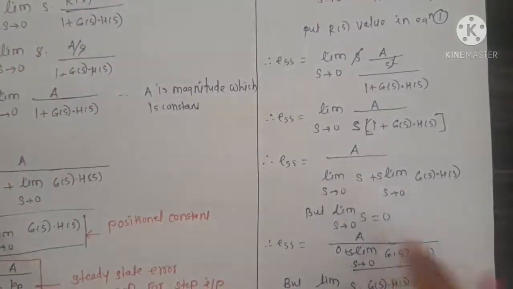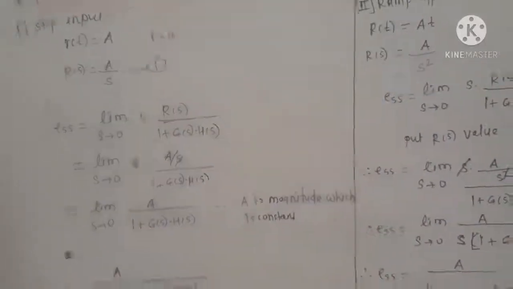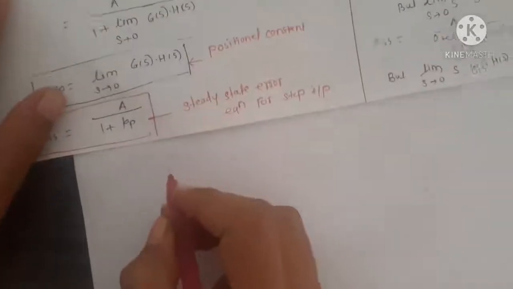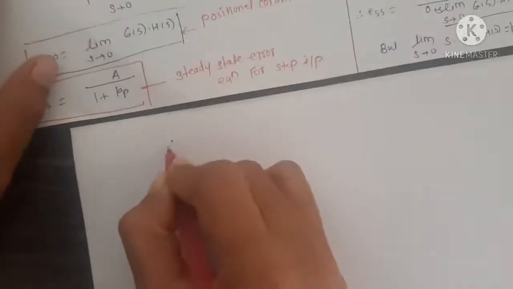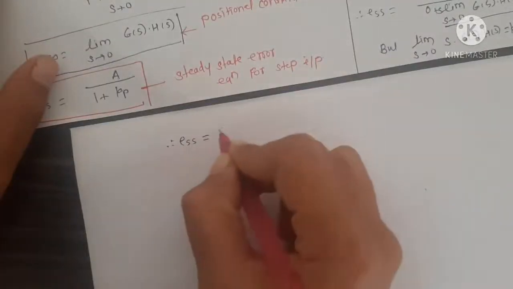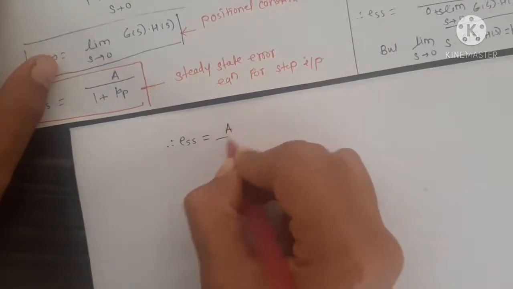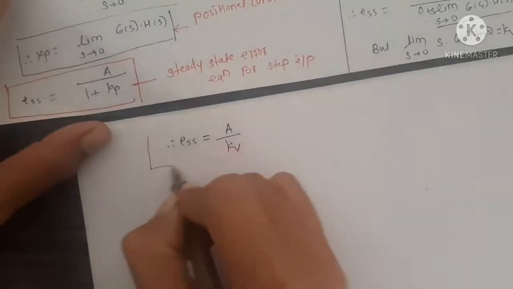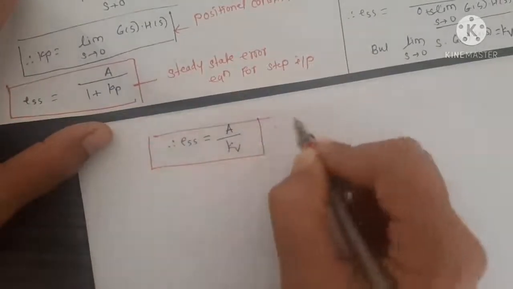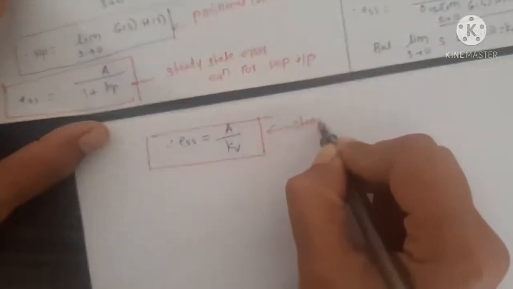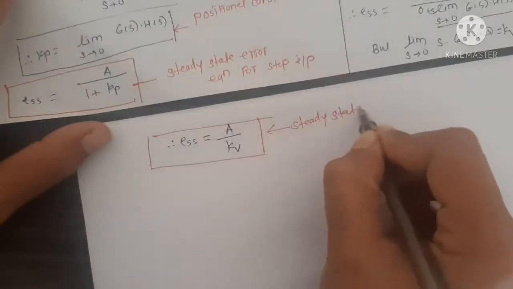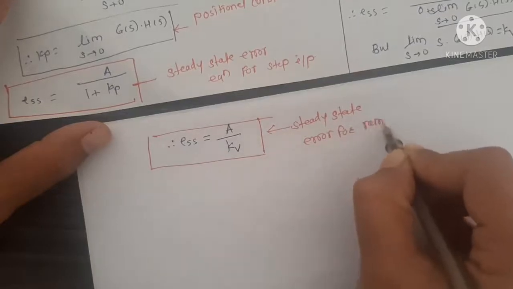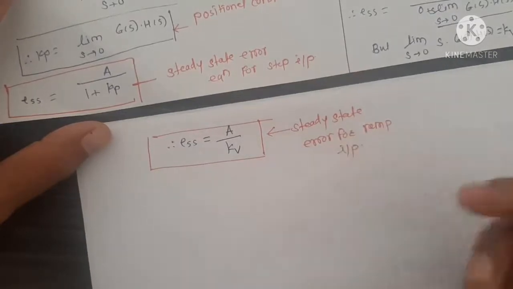So simply put the value into this equation. What you will get? Therefore, E of s is equal to A upon Kv. This is your final equation, that is steady state error for ramp input.